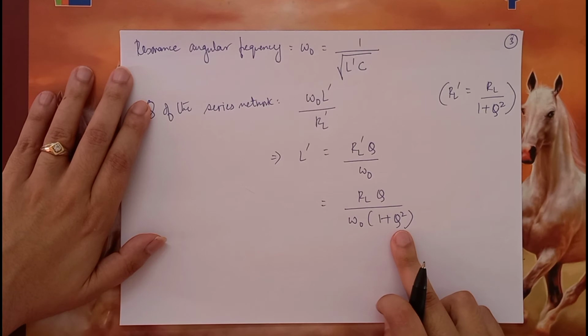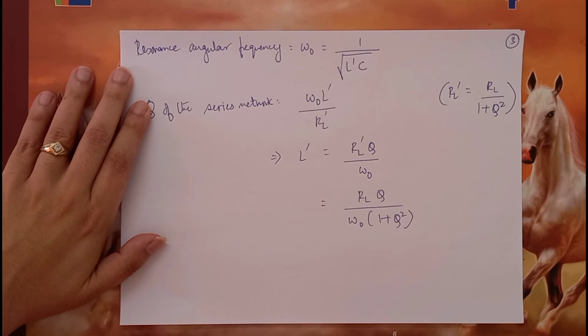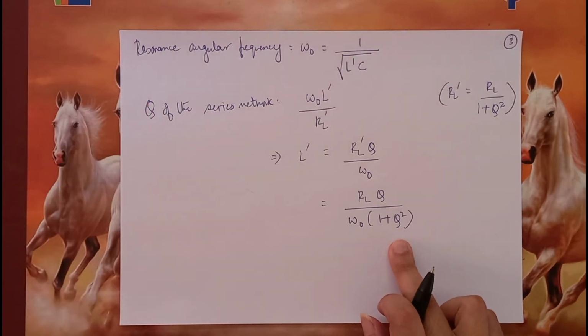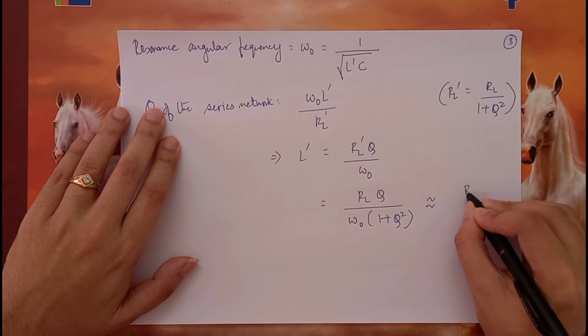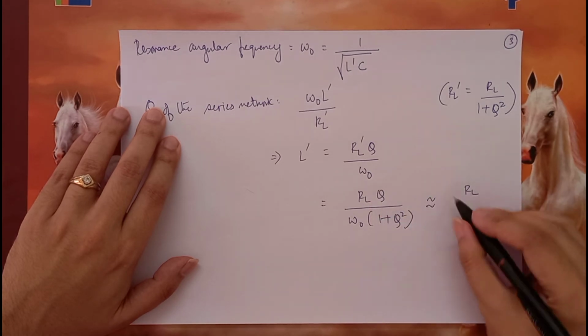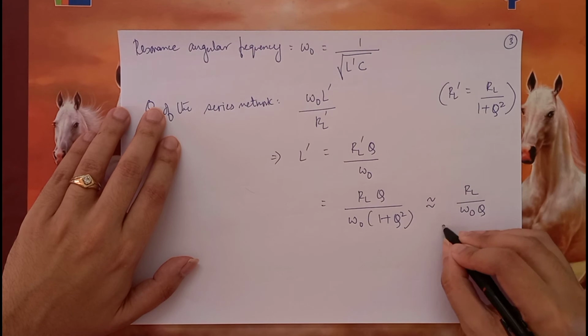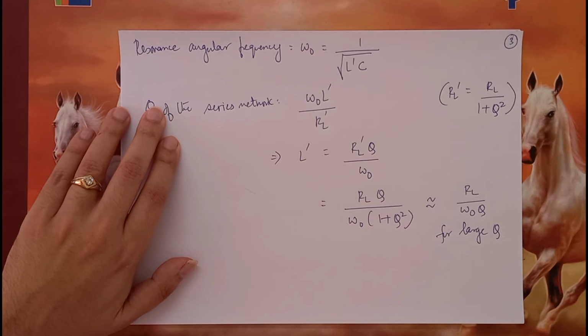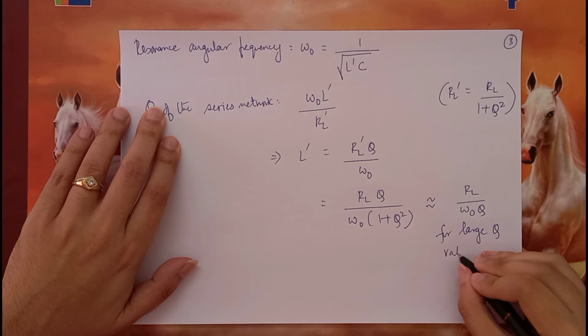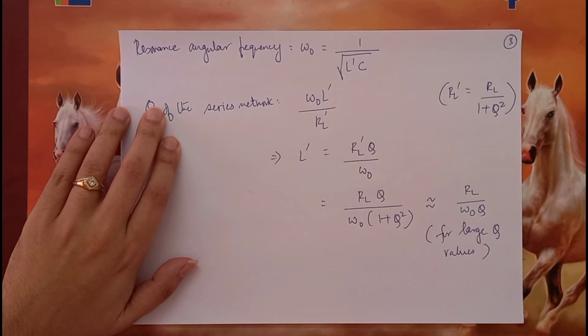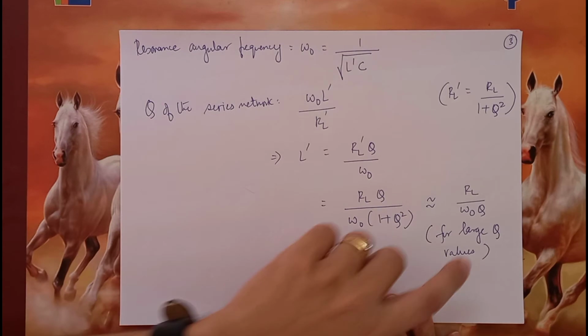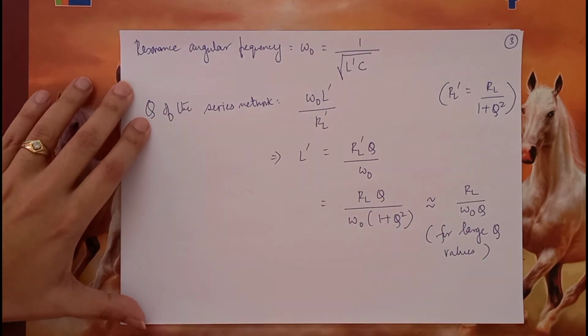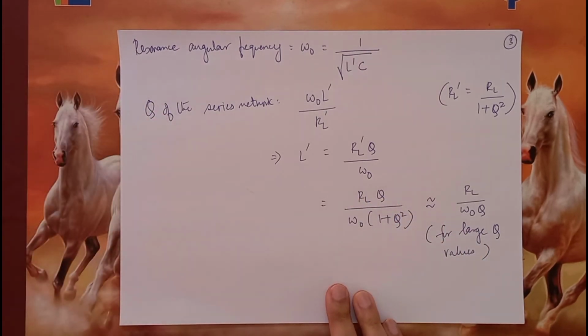And if Q is sufficiently large, then this quantity 1 plus Q square will become almost like Q square, and this will approximate to roughly Q by Q square, which becomes 1 by Q. So you can use either of these formulae depending on what is the value of Q that is there, and Q again is a function of RL and RS.